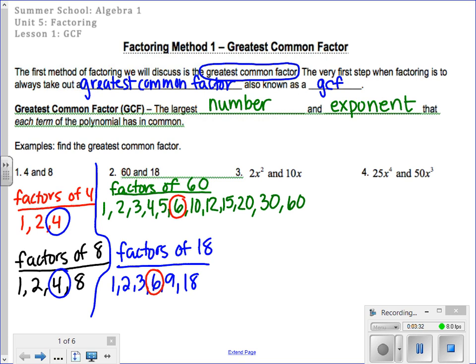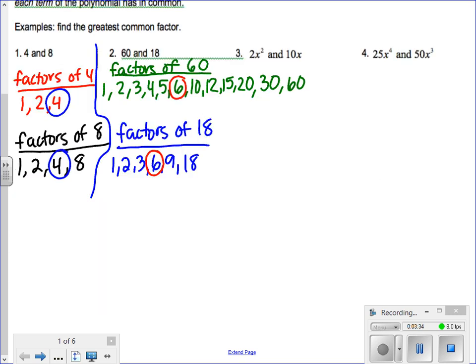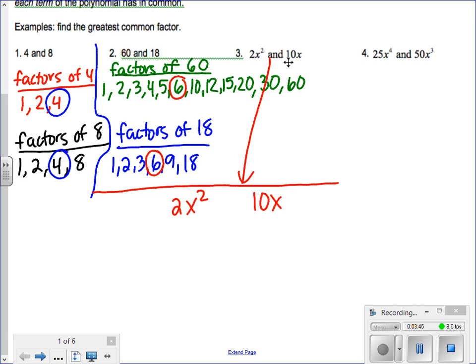So far, so good. Now let's add in x's. I'm actually going to bring number 3 down below here. We're going to find the greatest common factor for 2x squared and 10x. So let's list the factors of 2x squared. So 2, the only factors are 1 and 2. x squared is x and x. Same with 10x.